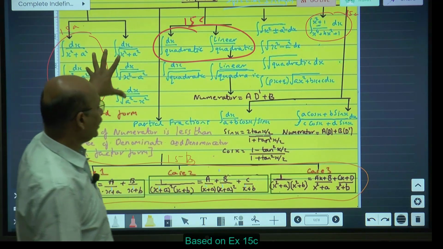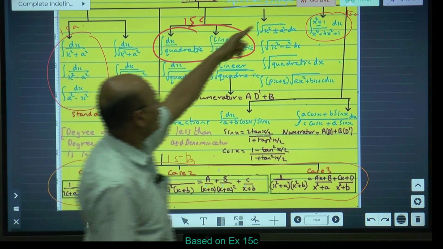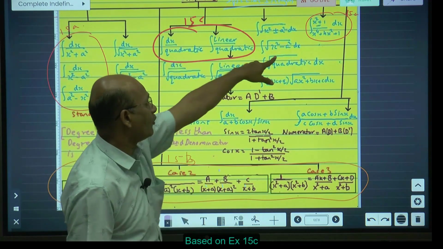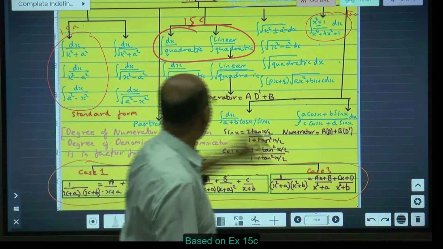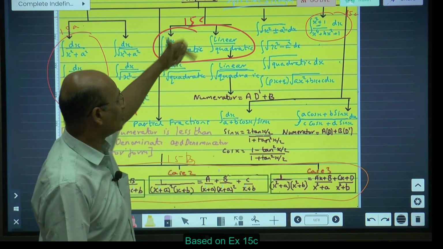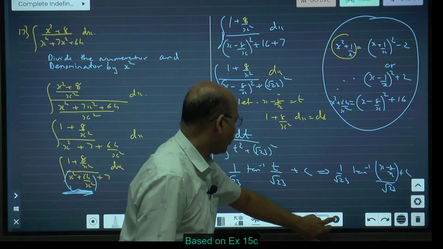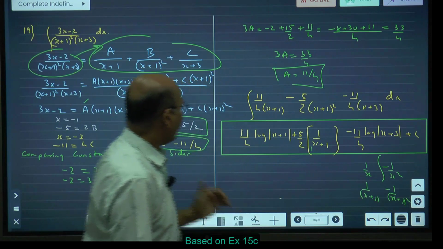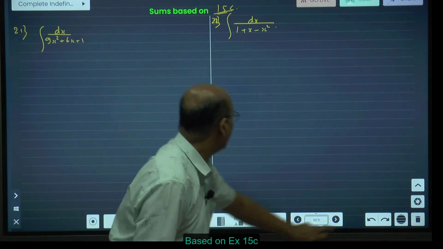These two are very structured to deal with all these four types very easily. Even this also you can do using these forms, but I'll tell you how it is as we go on. So let us look at these questions now children. I'm talking now dx upon quadratic and linear upon quadratic. Okay, so I want everyone to pay attention now. So henceforth remember I'll be focusing and as and when the formula comes.